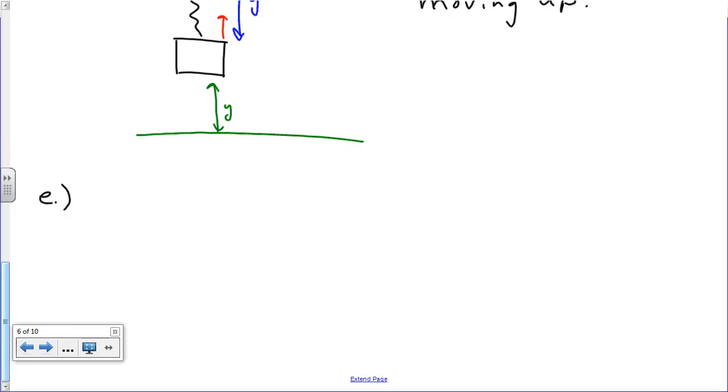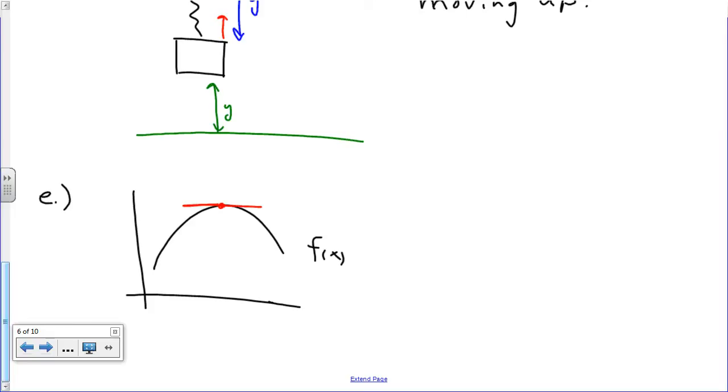So if I have some function here, we're just going to take a little side note. If I have some function that has a maximum, let's call this function f of x. This function has a maximum right here at this point. And the way that I can use calculus to help me find that maximum is to recognize that the slope at that point, if I sketch the tangent line, is 0.